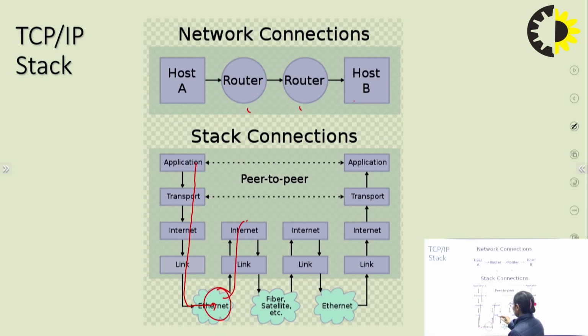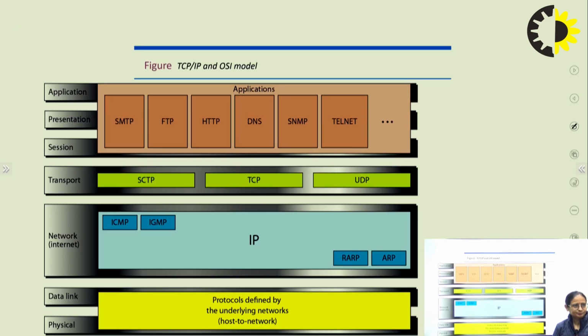At the router, only 2 layers work, the link layer and the internet layer. Then the data goes through fiber optic cables or satellite, something like that, to the second router, from here to Ethernet, then to the receiving end.